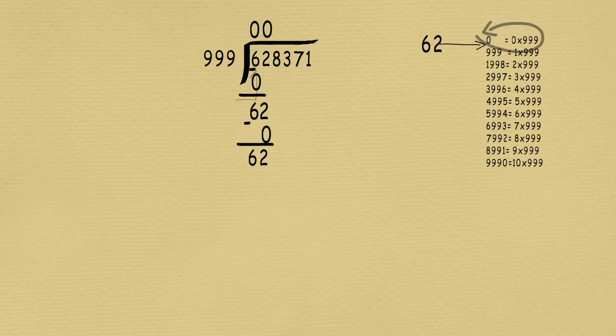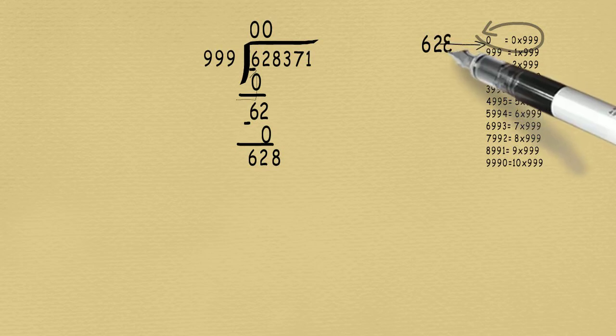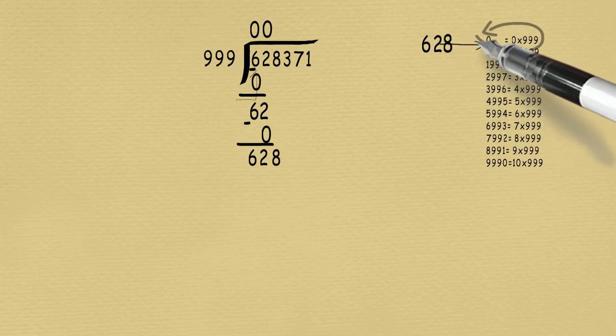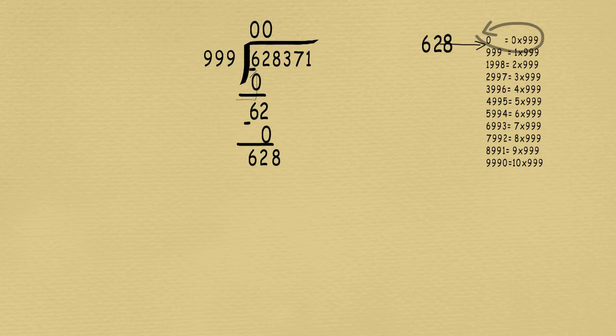So let's go to the third step. I'm going to bring down the number 8 so that I now have the number 628. I'm going to squeeze 628 in between two numbers in the multiplication table, and I can see once again that 628 is in between 0 and 999. So once again, I'm going to choose the entire expression 0 equals 0 times 999.